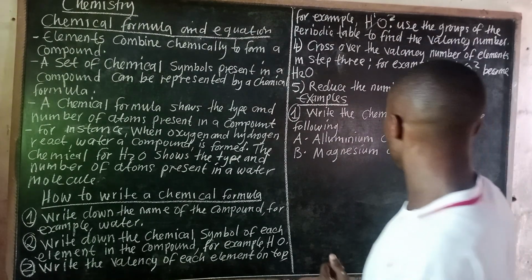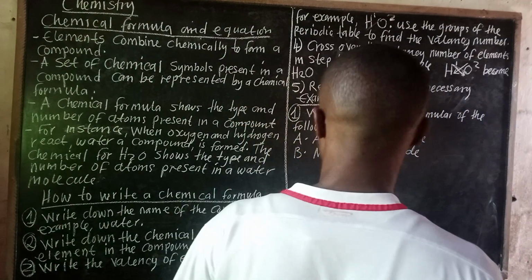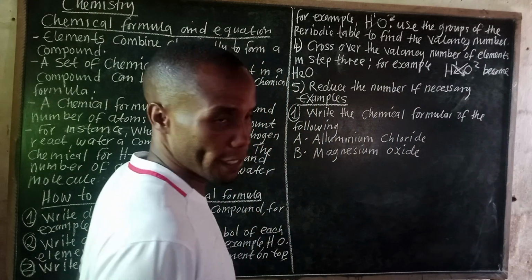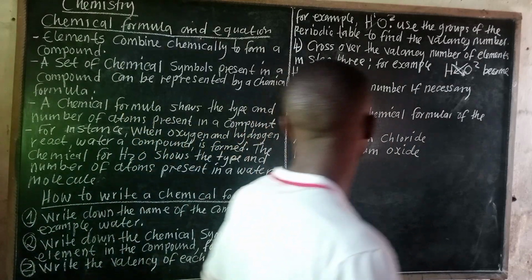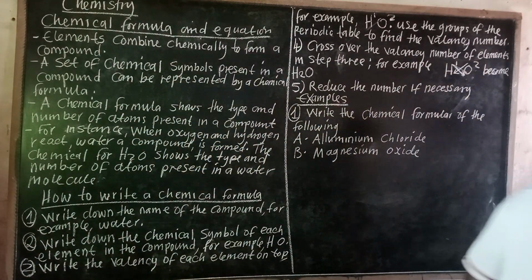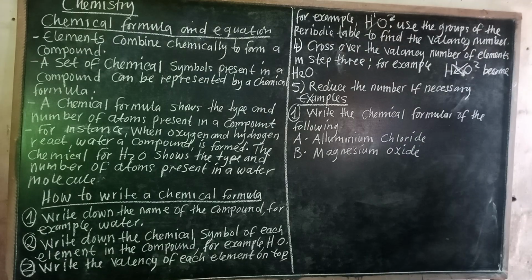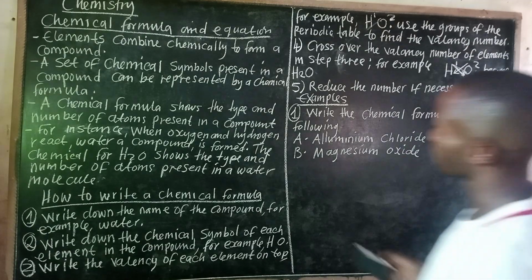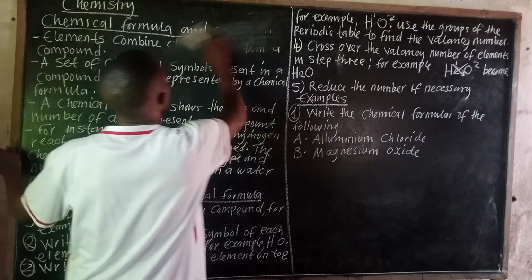So looking at the space, we are going to rub this side. That is where we are going to write now the chemical formula of the given compounds. Okay. So let me rub here.